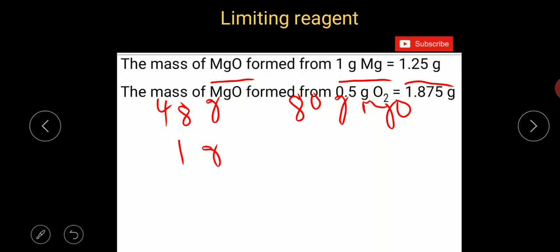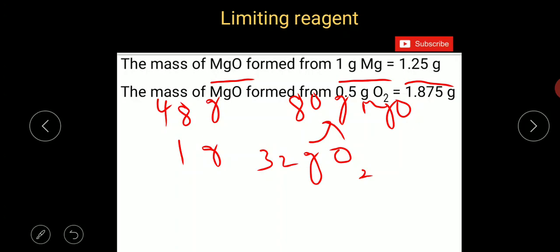Then come to oxygen. Once again, as per the balanced equation, 32 grams of oxygen is able to give 80 grams of magnesium oxide. Now 0.5 grams of oxygen can give how much?